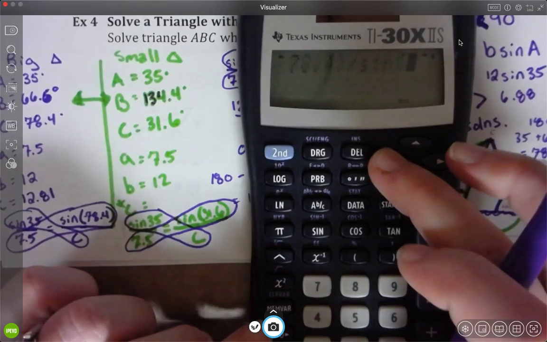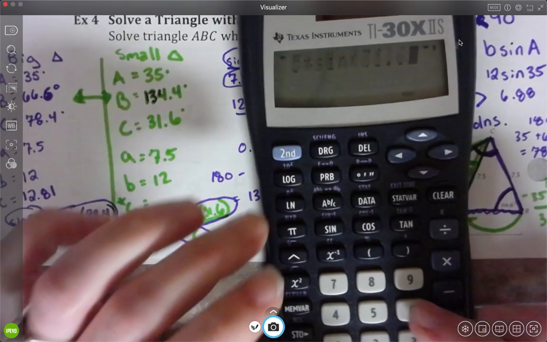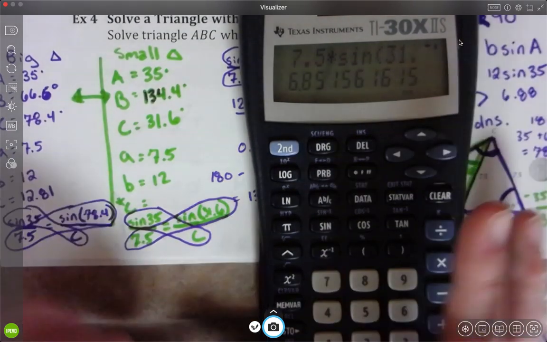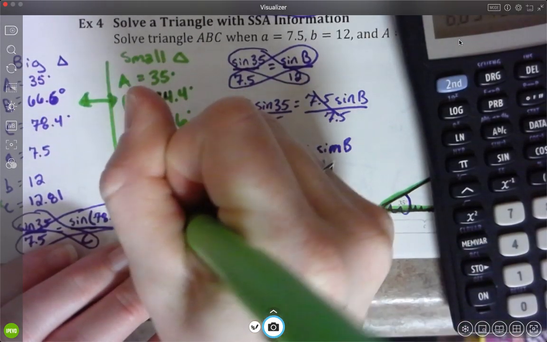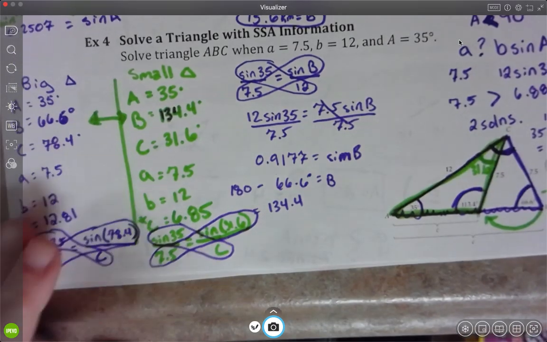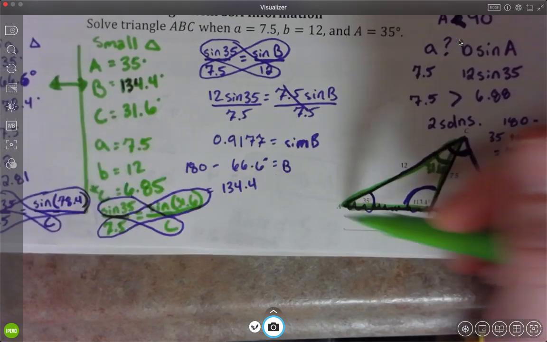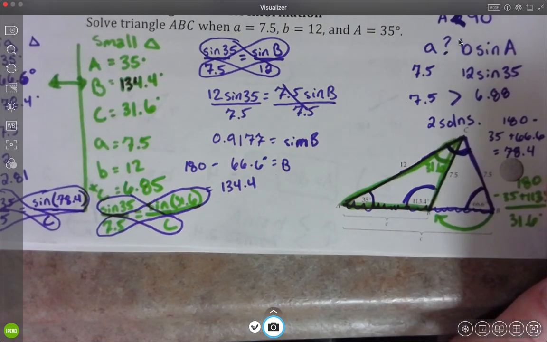So I'm just going to change the 78.4 to a 31.6, and 6.85 is what it's going to be. Holy cow, what a crazy problem. So in that case, I have two solutions, and that's what my two solutions will look like. That's basically all of the sides and all of the angles for both of those triangles if we separate them out. All right, so let's go to the back side.